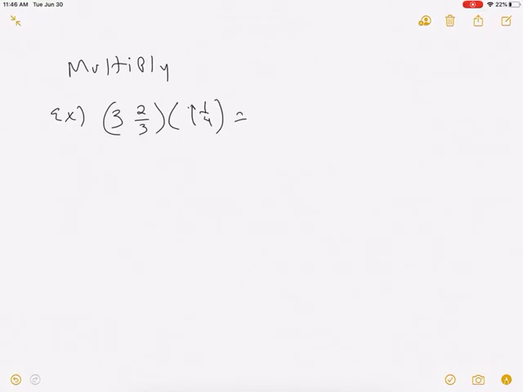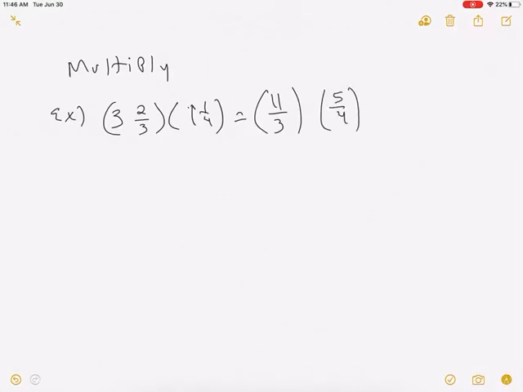So guess what you guys have to do? First, let's start by changing it to an improper fraction. We do it the same way as before. 3 times 3, 9 plus 2 gives us 11 over 3. The second mixed number, 1 times 4 is 4 plus 1, 5/4.